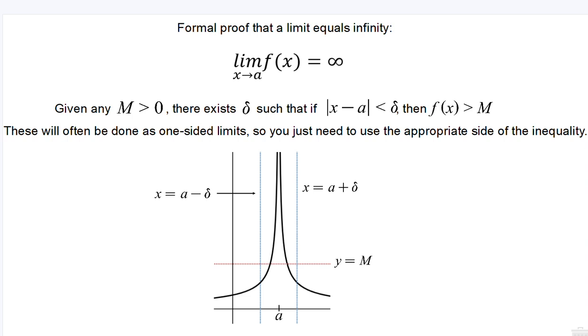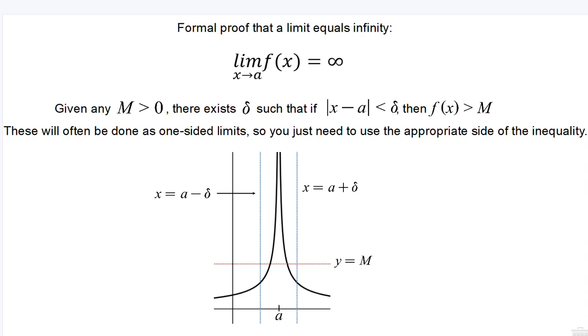Now, when we did our formal proofs on our previous limits, we were always talking about a delta epsilon proof. Well, for these, it's not actually a delta epsilon proof. We change the epsilon into an M. So we're going to call this a delta M proof.